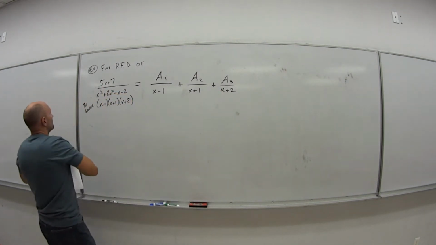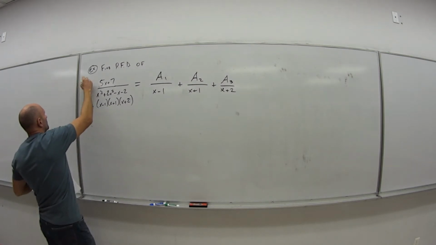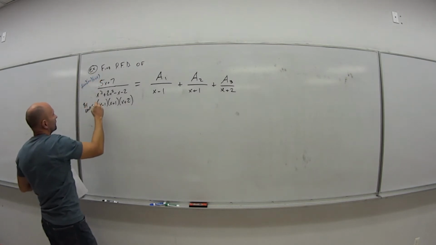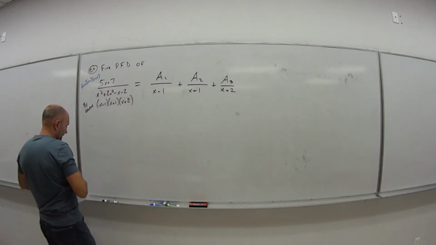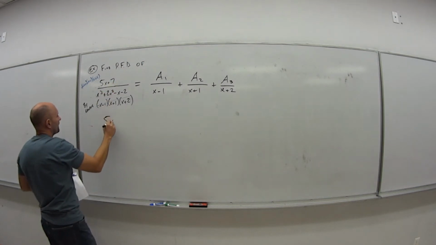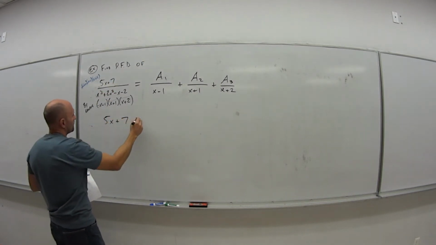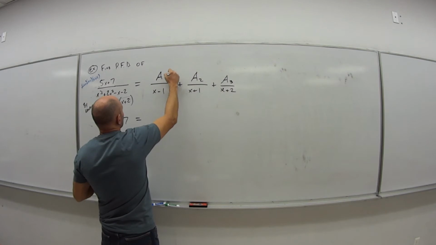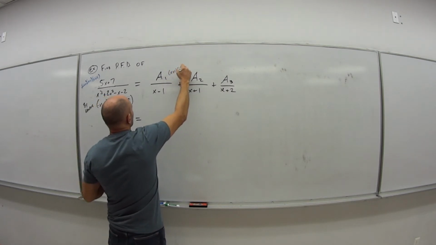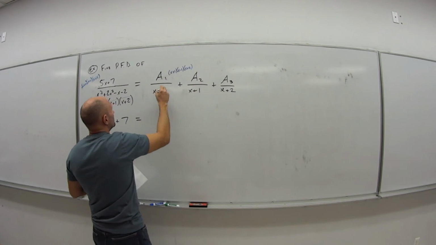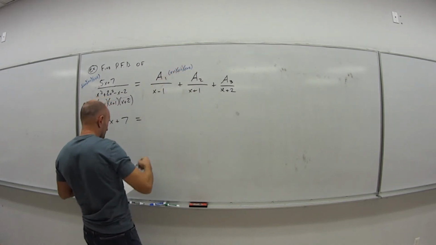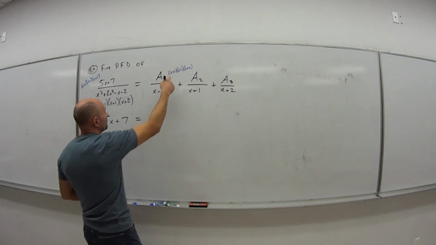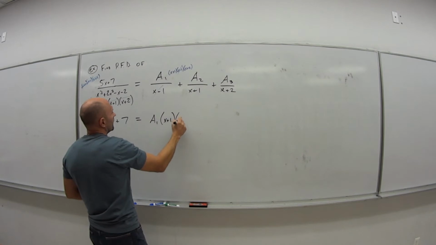On this side, if I multiply x minus 1 times x plus 1 times x plus 2, all of these cancel with all of these in the denominator, and I'm left with just what I have up here, 5x plus 7. Here, if I multiply by the LCD, the x minus 1's cancel out, so I'm left with a1 times x plus 1, x plus 2.